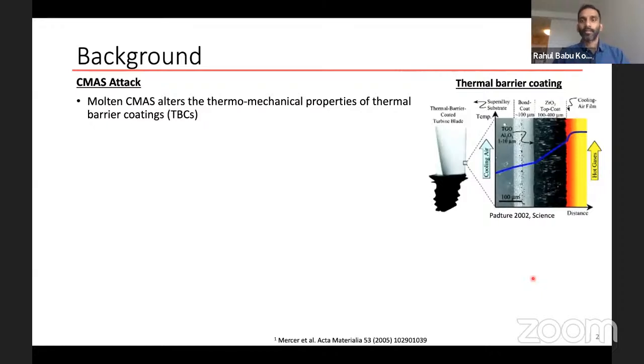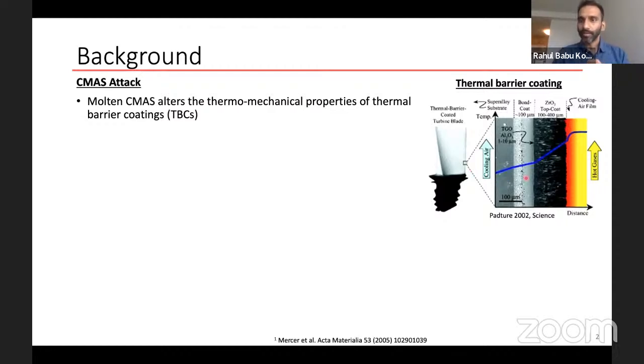So how does this process actually happen? What are the failure mechanisms, and what are we interested in? Here on the right, I'm showing a schematic of the thermal barrier coating. Typically the thermal barrier coating protects the underlying substrate from the hot gases coming out of the combustor. The hot section operates in high pressure, high temperature regions.